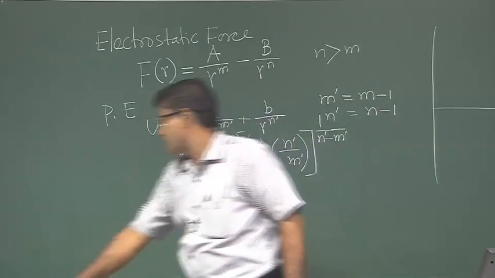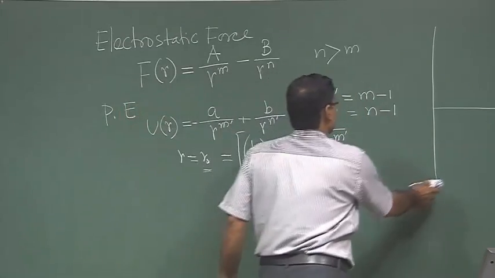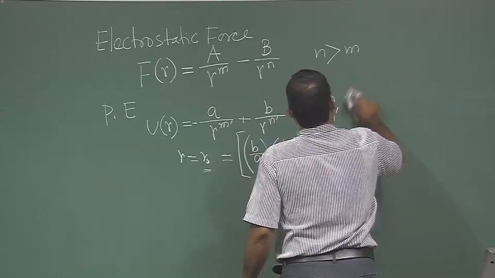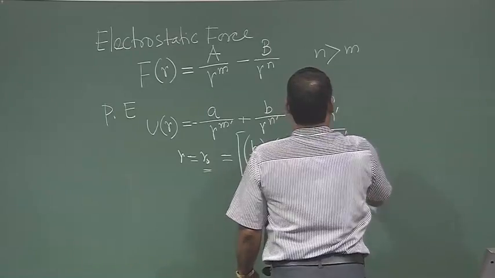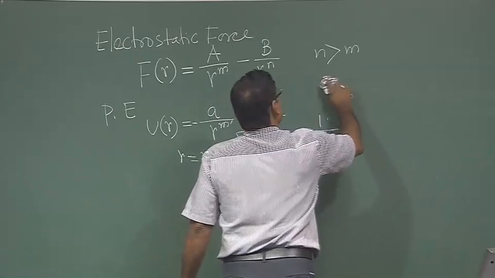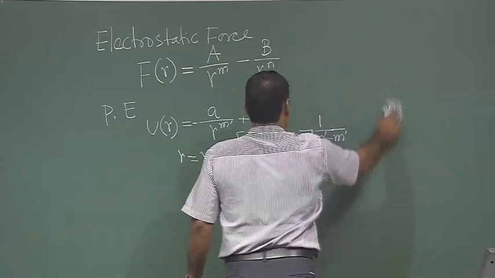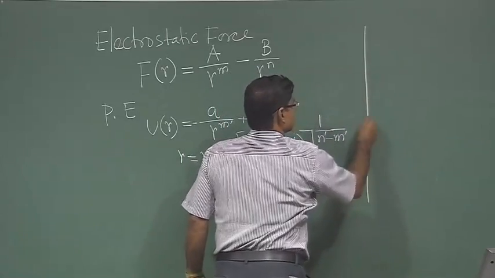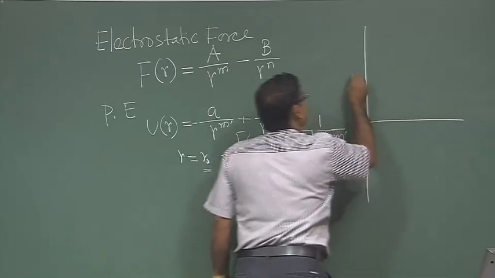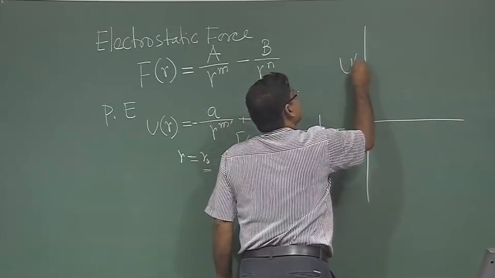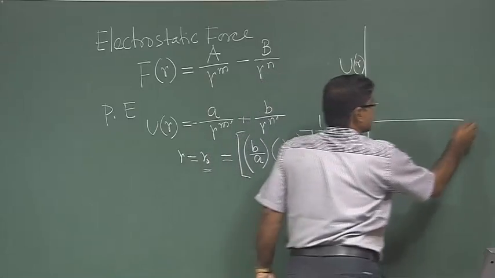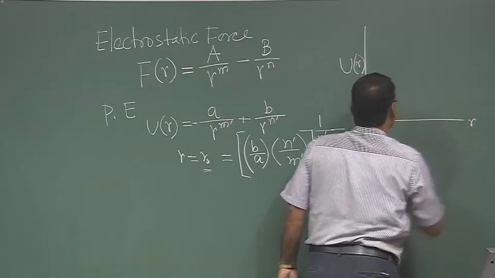So y axis is potential energy and x axis is basically r.